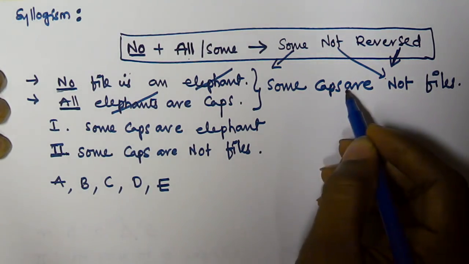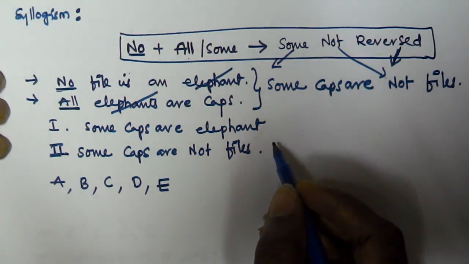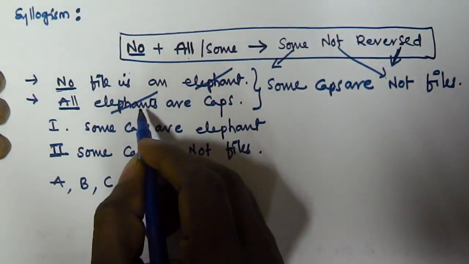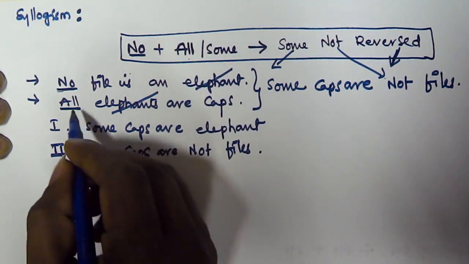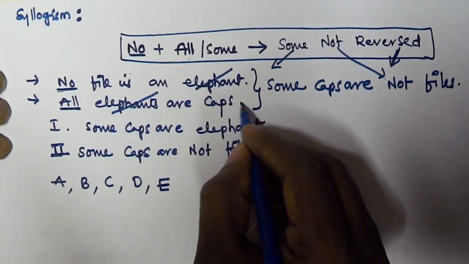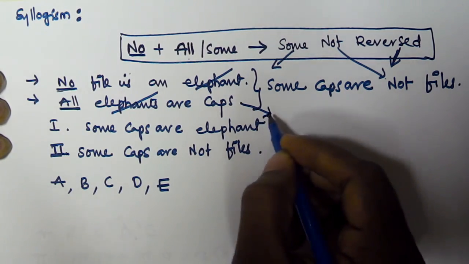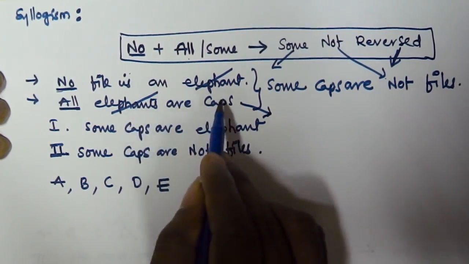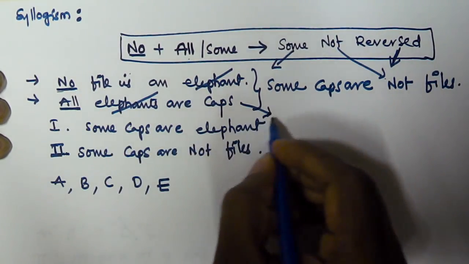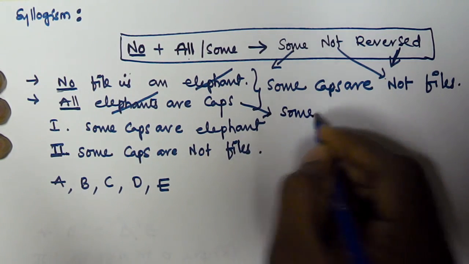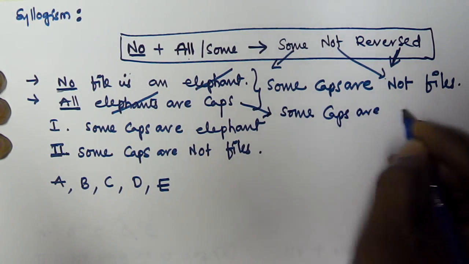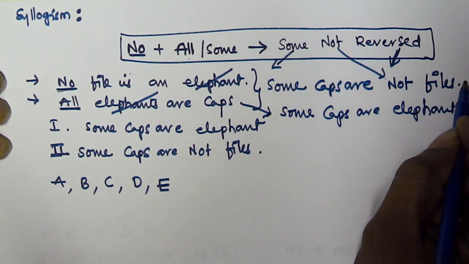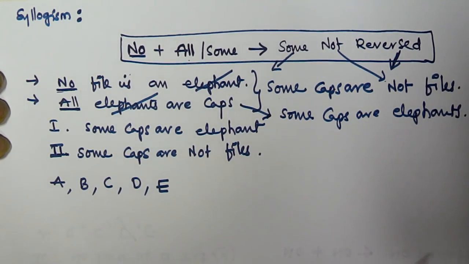I hope you got this one. The next one: all elephants are caps. When we interchange elephants and caps, this all will become some. I told this logic in the first video. So from the second statement alone, we can derive: some caps are elephants. The first one we derived using the rule, and the second one using another rule.